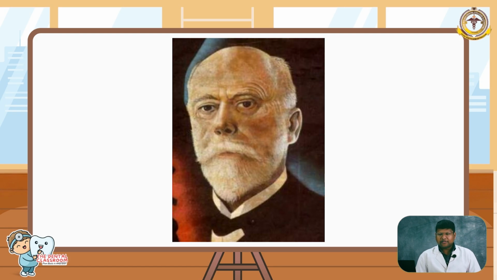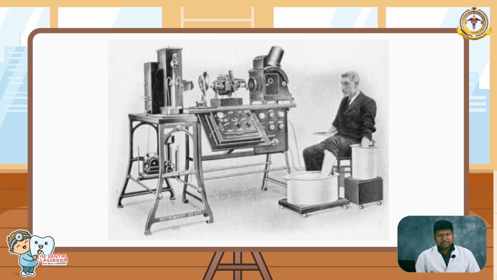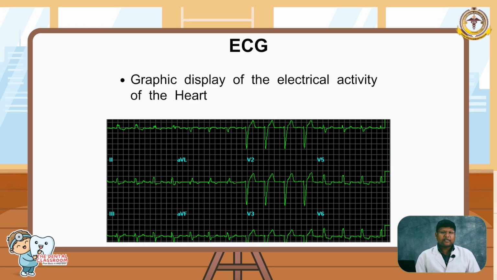You can see in this picture how big this machine is. This is the first ECG machine that he invented, the pre-machine for all later inventions of the ECG. And you can see in this picture the digital plotting of ECG, a graphical display of the electrical activity of the heart.